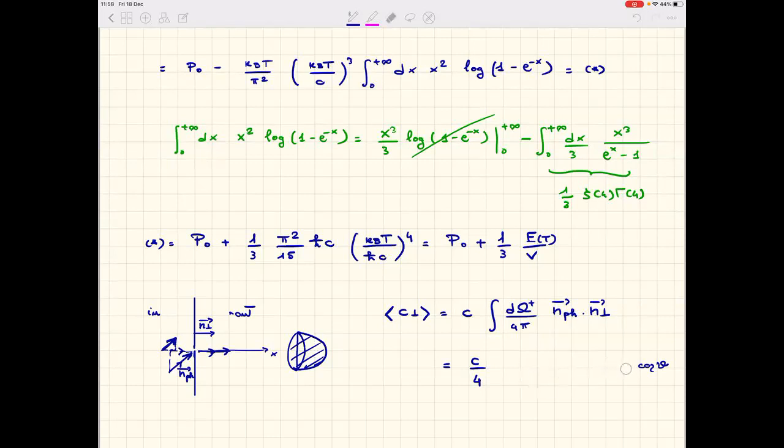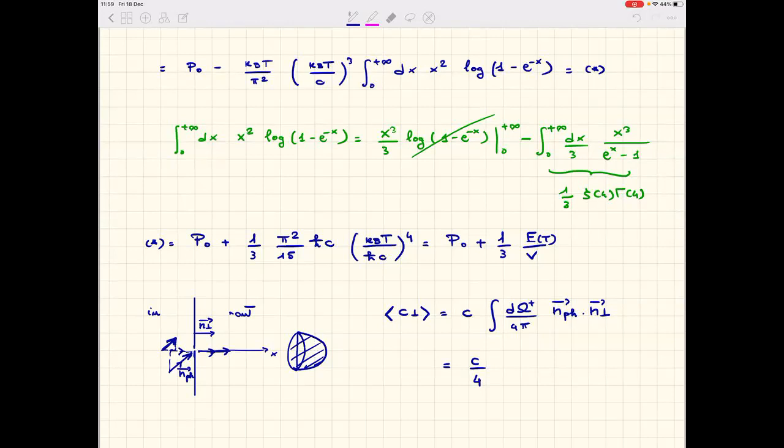What about this expression, E, the energy as a function of temperature, divided by volume? I don't see the volume here. Which expression?